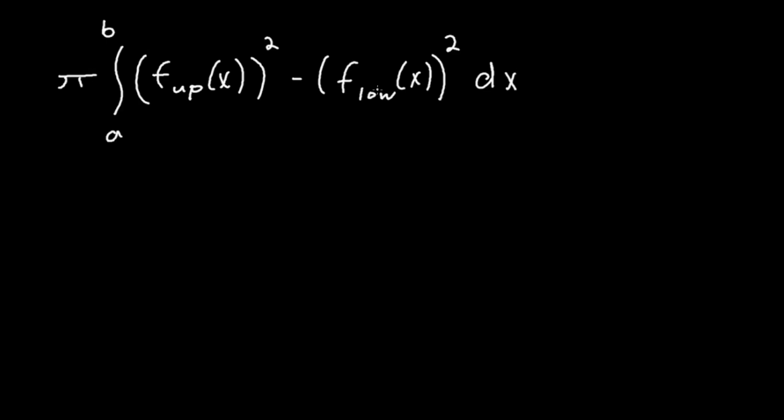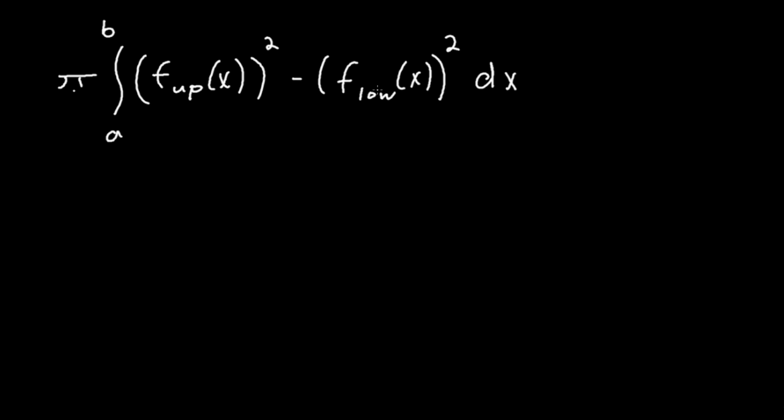Now, specifically what you see here is the general formula for a washer. For a disk, all you have to do is omit this part of your function. But what we basically have is the function of the upper bound squared minus the function of the lower bound squared, times pi.